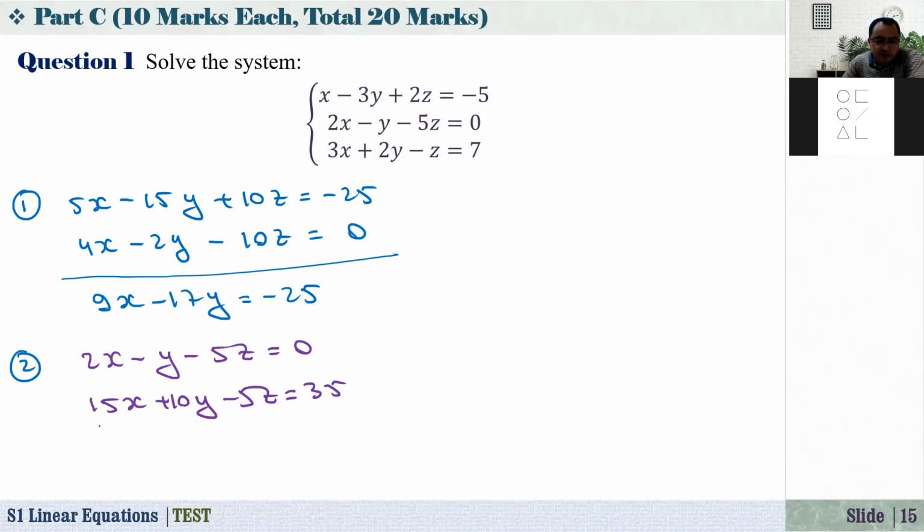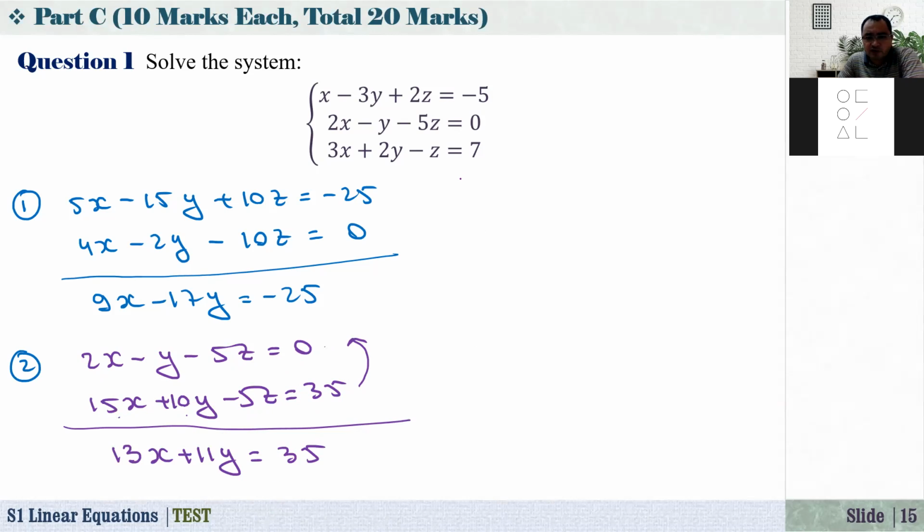Now the coefficients of z have the same sign, so we have to subtract, the second minus the first. 15 minus 2 is 13x. 10 minus negative 1 gives 11y. Minus 5 minus minus 5 is 0. 35 minus 0 is 35.